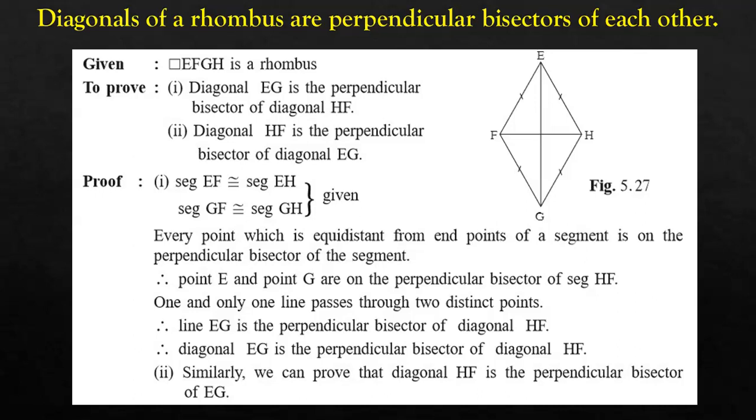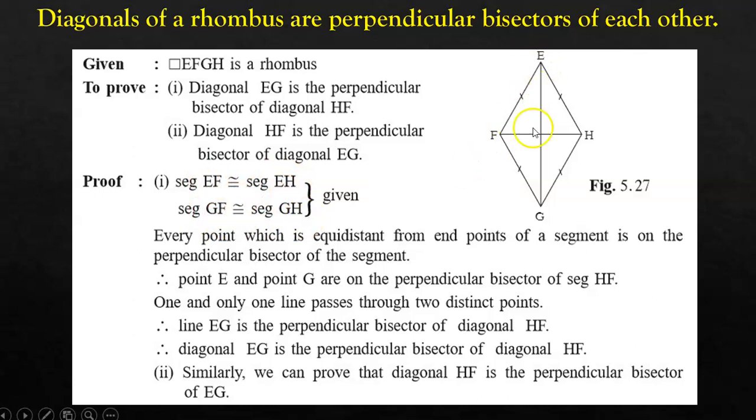Every point which is equidistant from end points of a segment is on perpendicular bisector of the segment. We know this. I will repeat. Every point which is equidistant from end points of a segment is on perpendicular bisector of the segment. Now see, these are equal and these are also equal. That means they are equidistant.